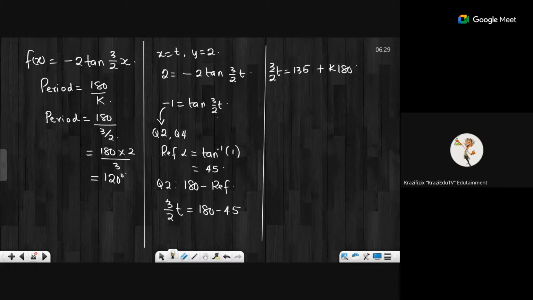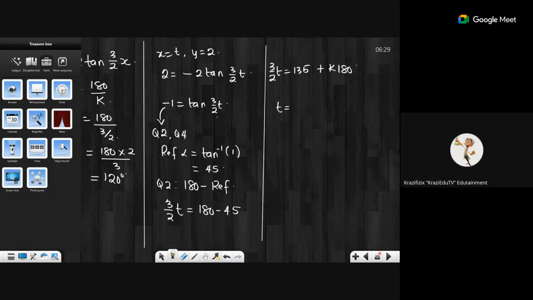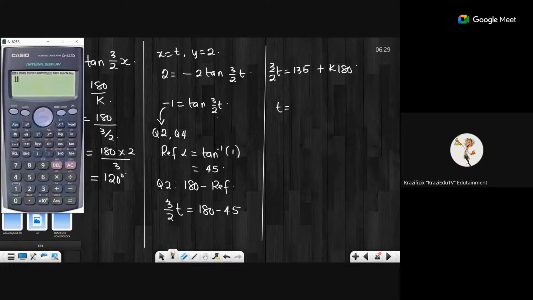Don't forget. Now, what do you have? 135, or we just divide everything by 3 over 2. Either 135 divided by 3 over 2.